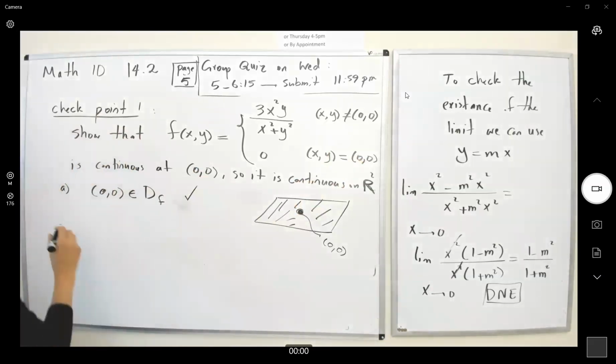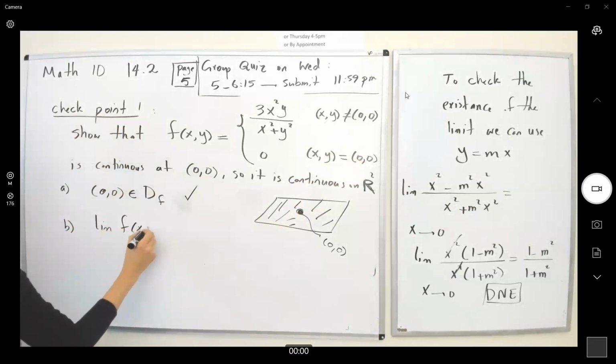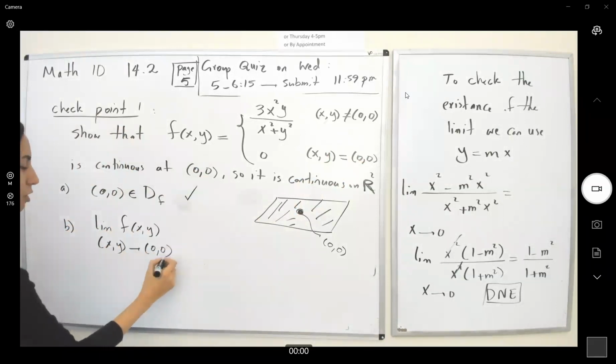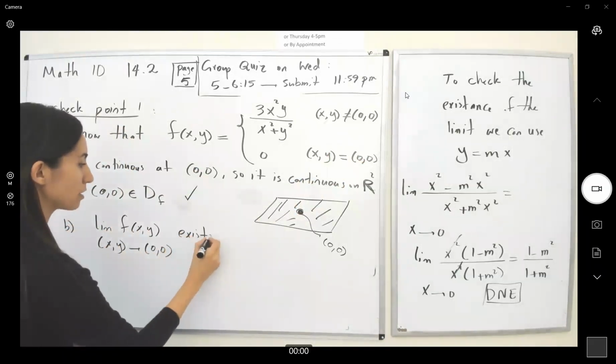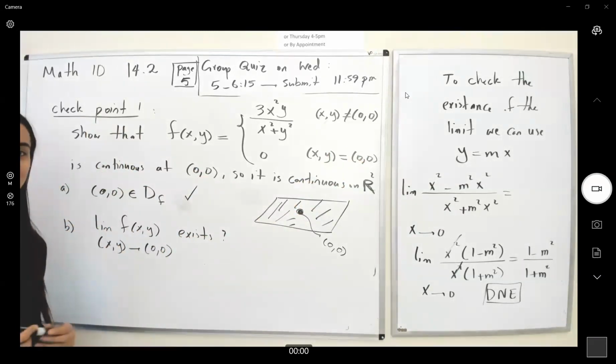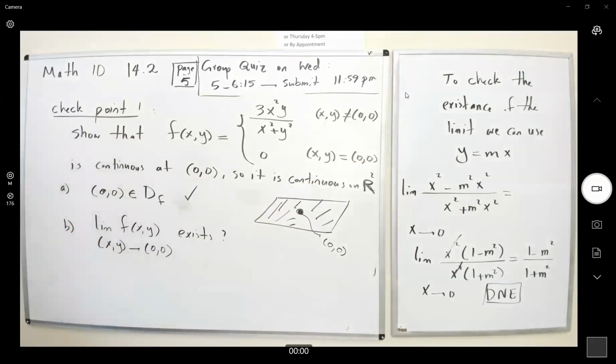How about the second condition? Does the limit of f of x and y, as x and y approach 0 and 0, exist? Which method did you use? I used polar. Polar, okay. What else? The rest of the class?